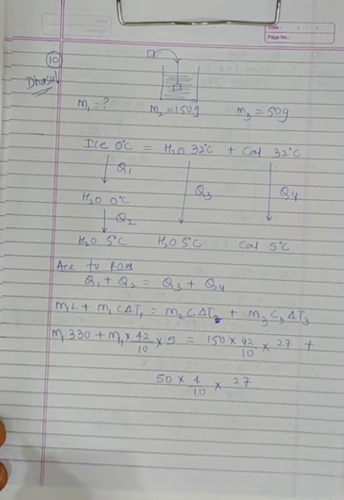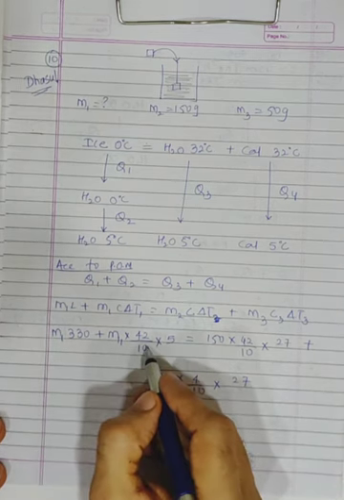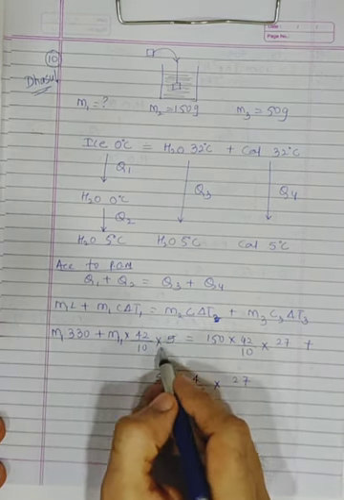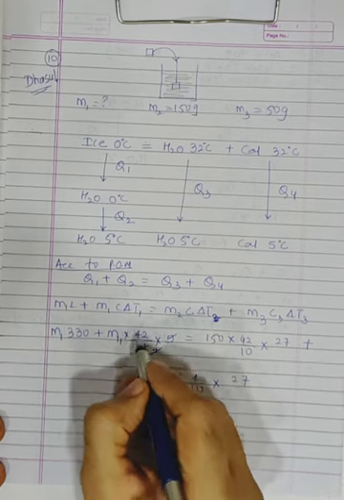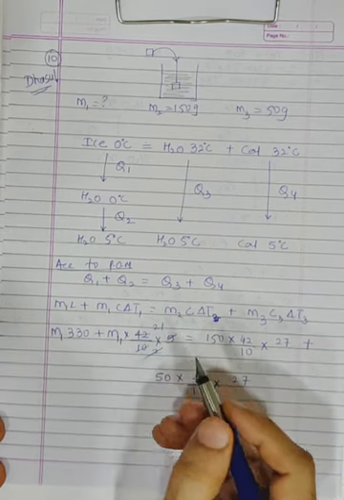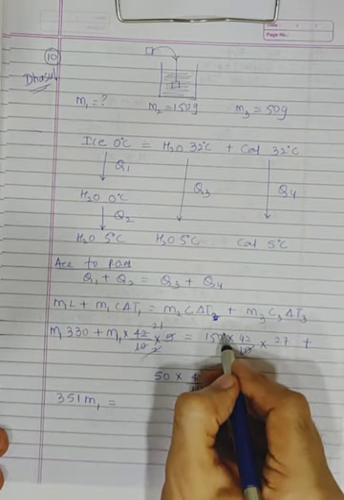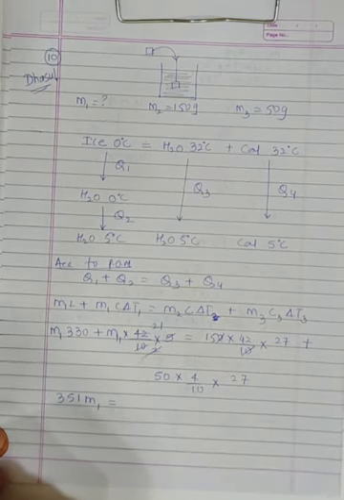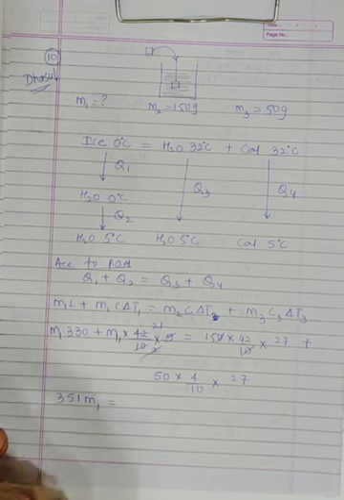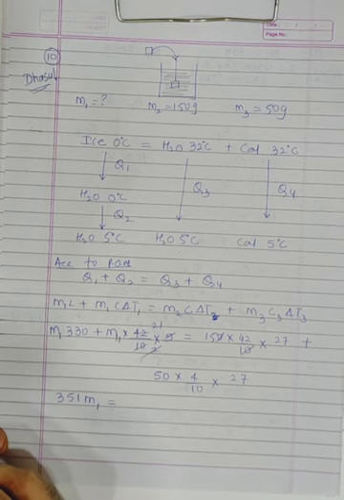Out here we can cancel the 5s, 2s, and 20s. So here I will get 351 M1. Now here cancel 0 and 0. So we'll have to do 15 into 42 into 27.